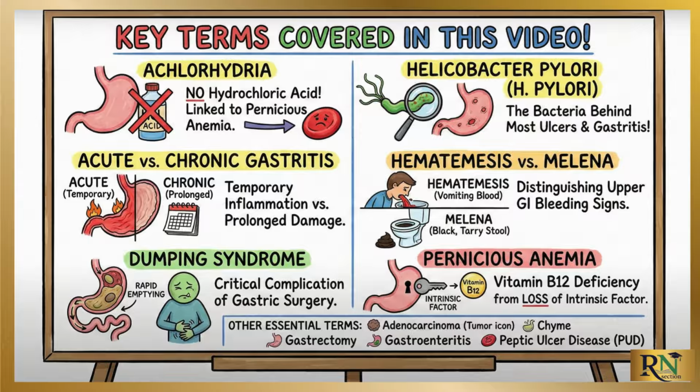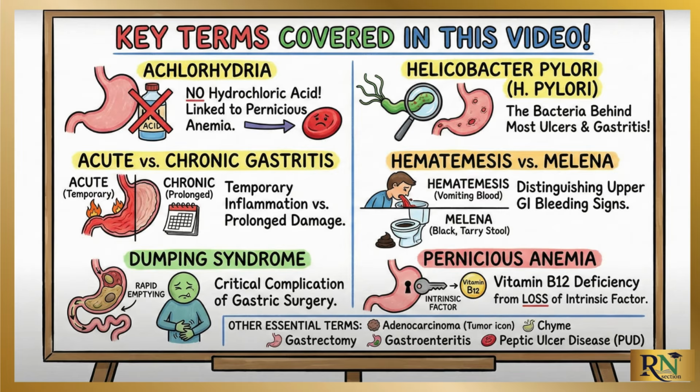Helicobacter pylori, H. pylori, the bacterium behind most ulcers and gastritis cases. Hematemesis versus melena. How to distinguish upper GI bleeding signs.